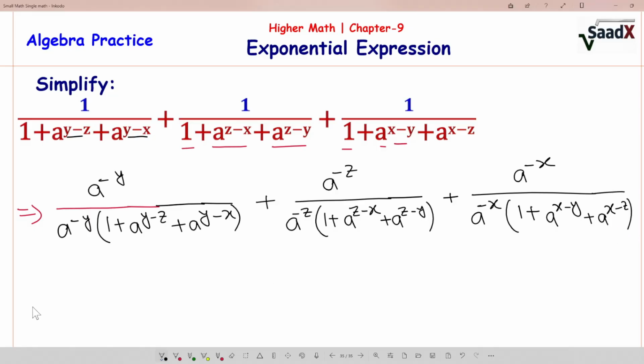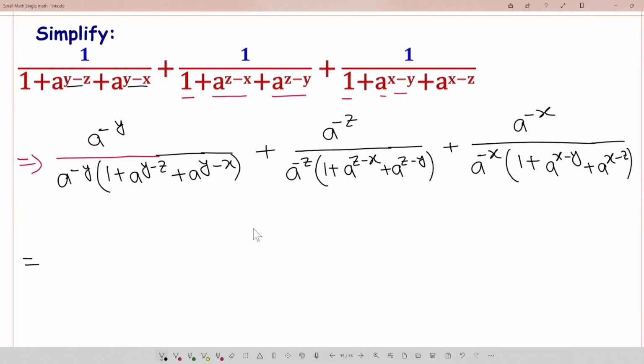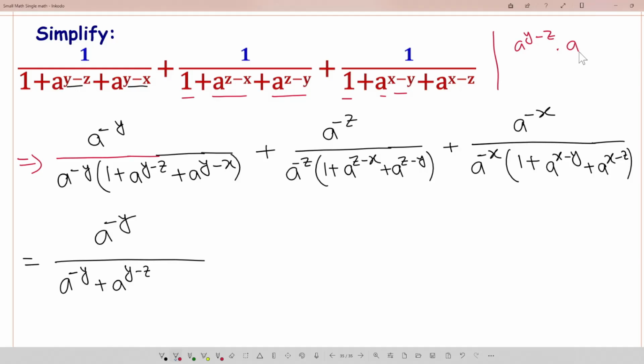Okay, so now look, once we multiply this one, here is a to the power minus y, and a to the power minus y times 1 means a to the power minus y, plus here a to the power y minus z. Once we multiply as per the exponential law, a to the power y minus z times a to the power minus y.